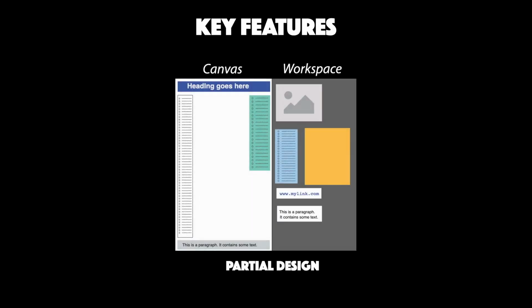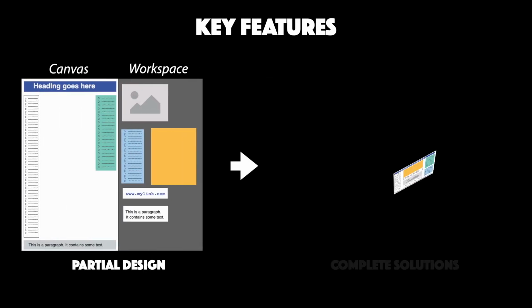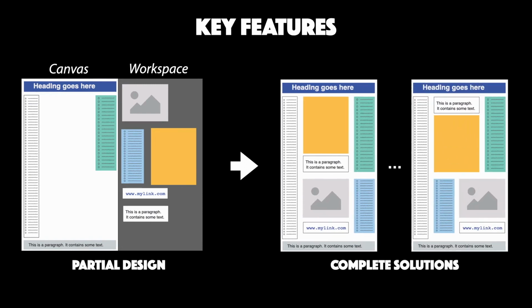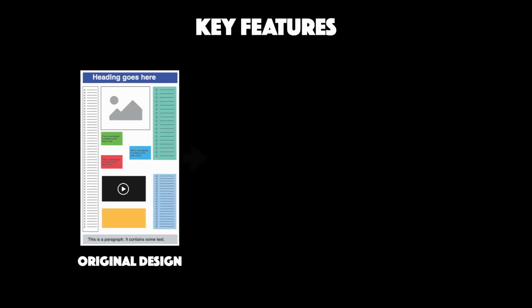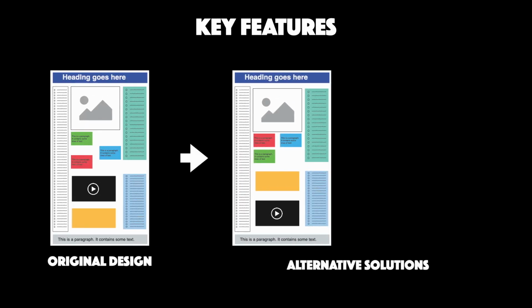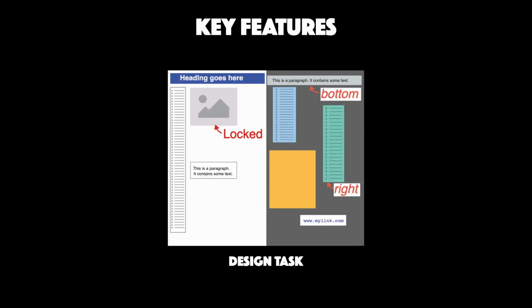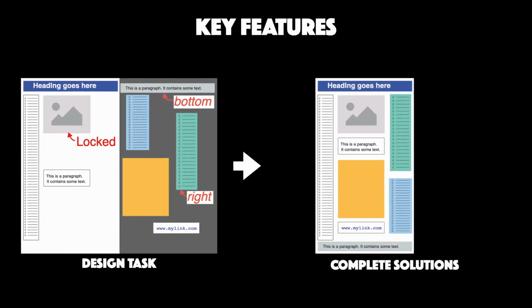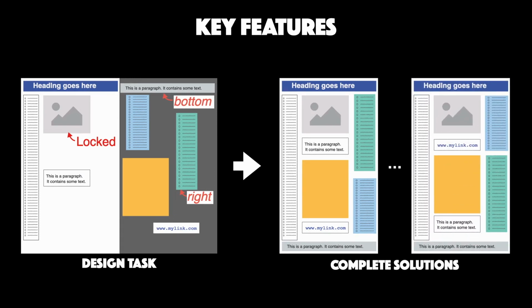Once they've created a part of their designed layout, it can provide complete solutions by filling in missing elements. Our approach also enables fine-grained improvements where a designer can search for similar alternatives based on their initial starting point. Finally, our approach also allows designers to specify additional constraints to the layout. This can be done by locking elements or by defining placement preferences.